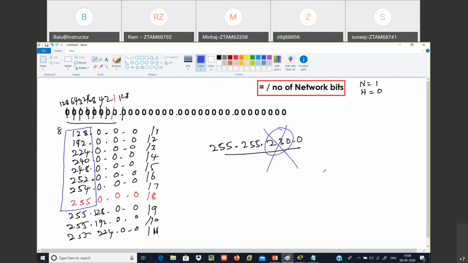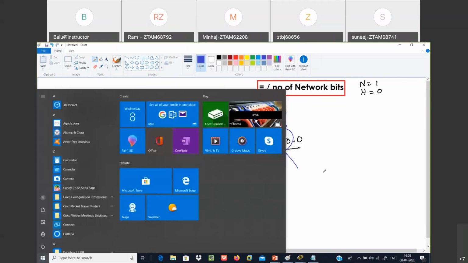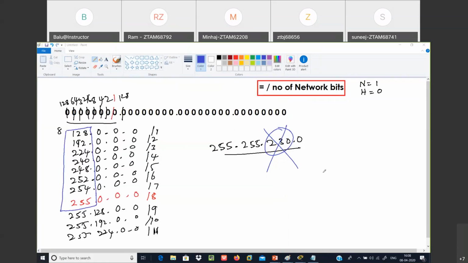Now we'll discuss the main concept of subnetting in Cisco using slash notation. Based upon slash notation, let me discuss our subnetting classes.